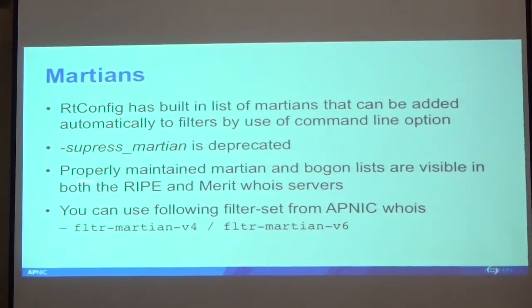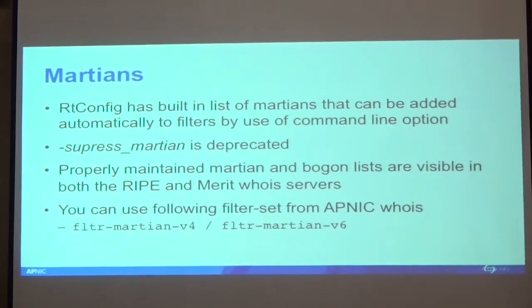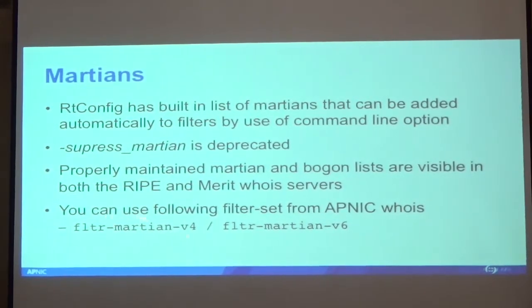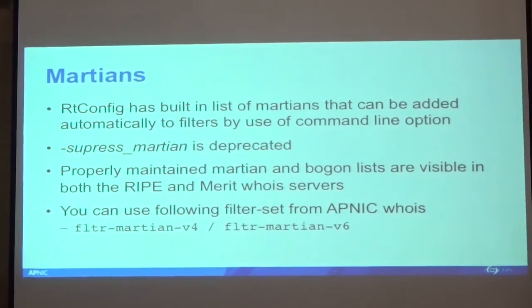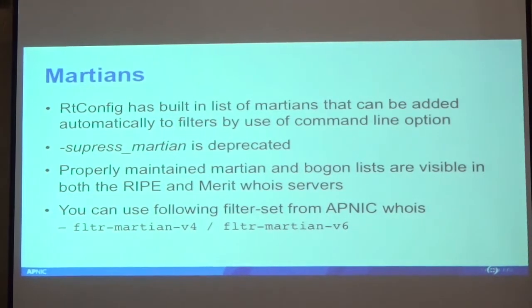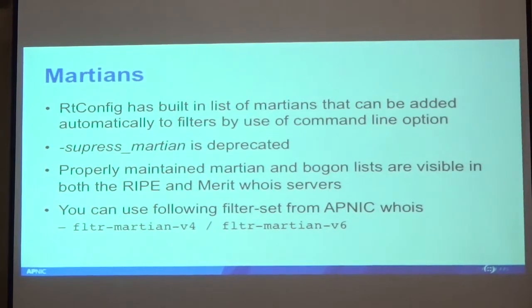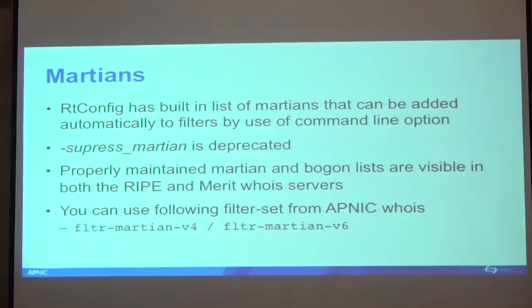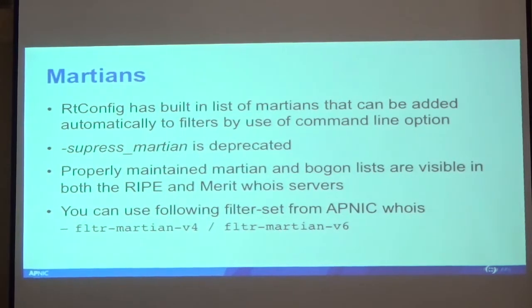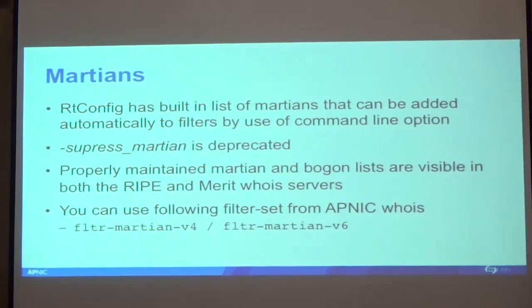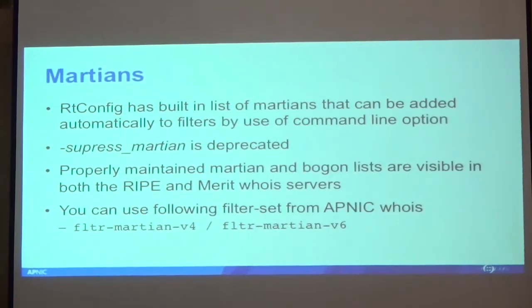If you remember Martians, we have a filter-set object for filter Martian IPv4 and for IPv6. You can also use this for your import and export statement. So you accept any except or not this filter Martian v4 or filter Martian v6.